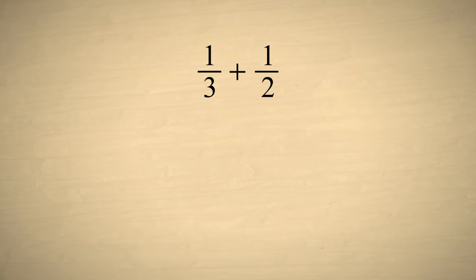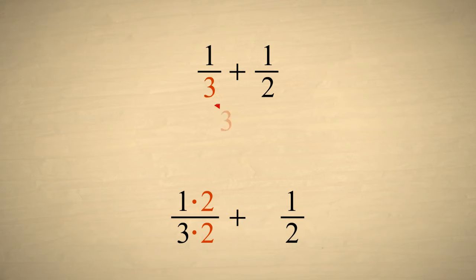In our example, both the numerator and the denominator of the fraction 1/3 were multiplied by 2, which was the denominator of the 1/2. And the numerator and denominator of the 1/2 were both multiplied by 3, the denominator of the 1/3.